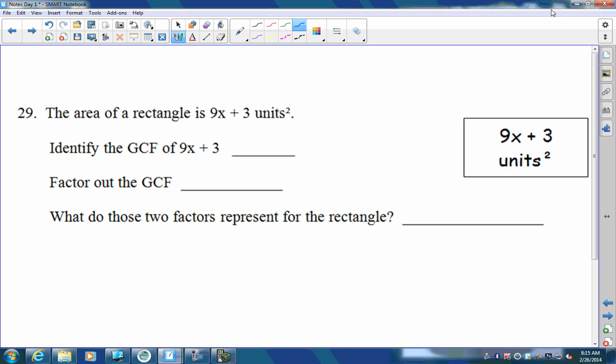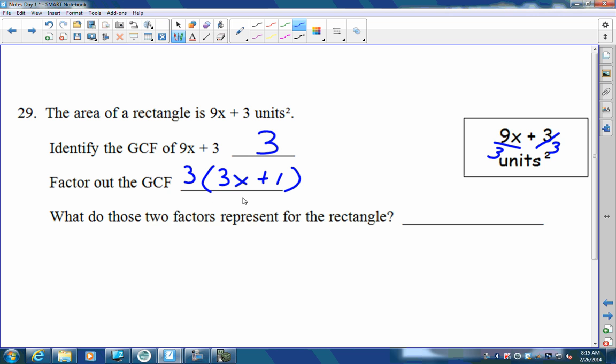All right, so identify the GCF for 9x and 3. A 3 goes into both of them. If you factor it out, I have 3 parentheses. Take 9x divided by 3. That gives me 3x. 3 divided by 3 is 1.